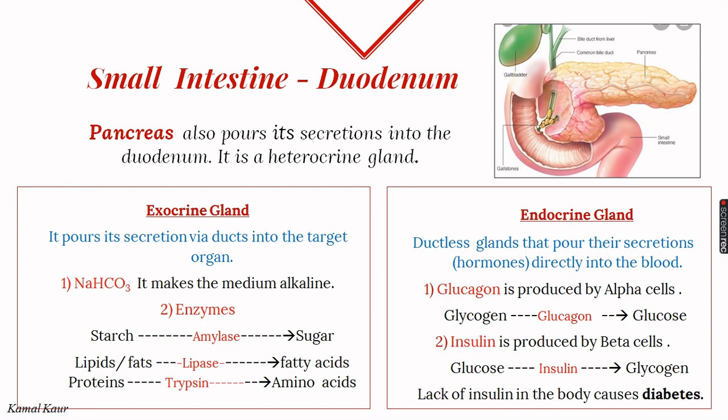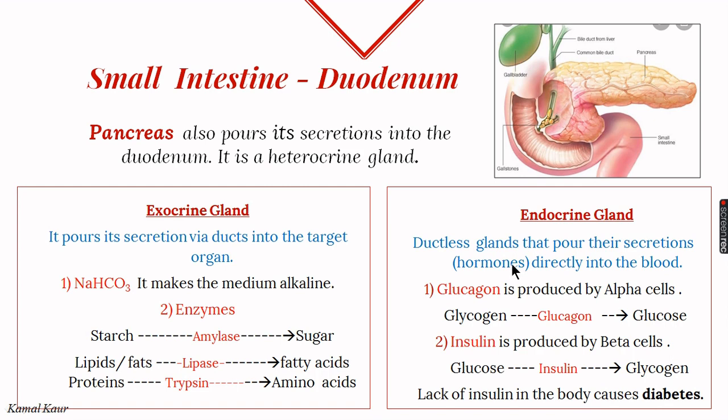But apart from secreting the enzymes, the pancreas also secretes certain other chemicals which are called hormones. Now these hormones are secreted directly into the blood, which means that the pancreas is also behaving as an endocrine gland. Endocrine glands are the ductless glands that pour their secretions directly into the blood, and these secretions are called hormones.